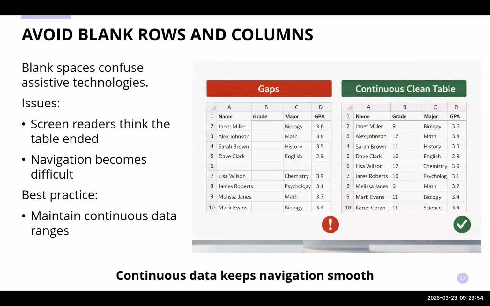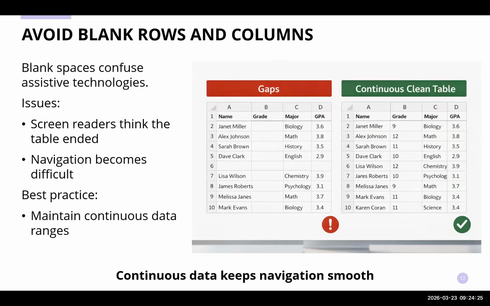Now, next, we have a very common issue that can cause a lot of accessibility problems: blank rows and columns. Blank spaces might look like simple formatting, a way to make your spreadsheet look neat, but for users relying on assistive technology, they can be very confusing. Screen readers often interpret blank rows or columns as the end of a table.